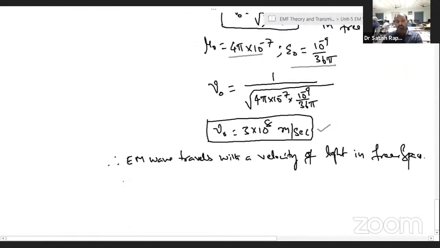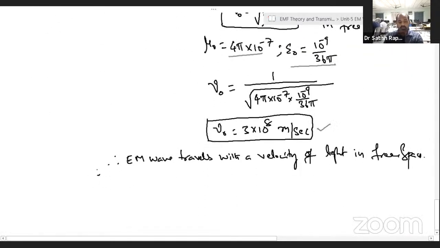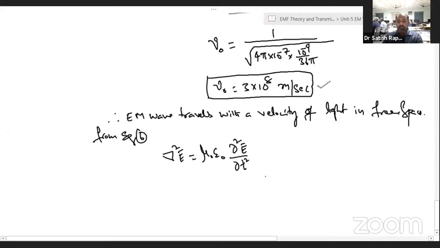From equation 6, del square E bar is equal to mu naught epsilon naught dou square E bar by dou t square. This is equation 6, which is a wave equation in terms of electric field.